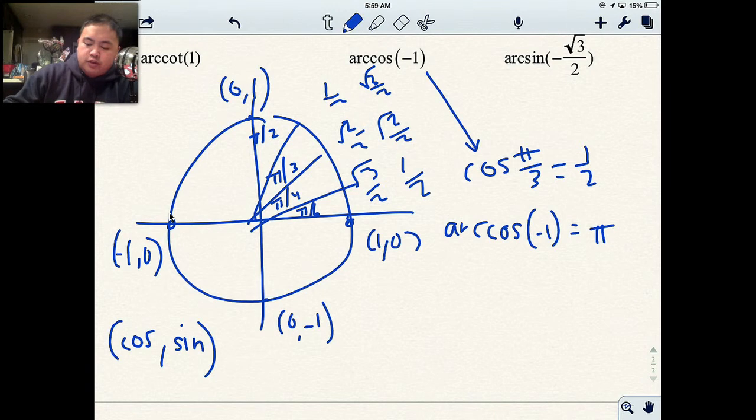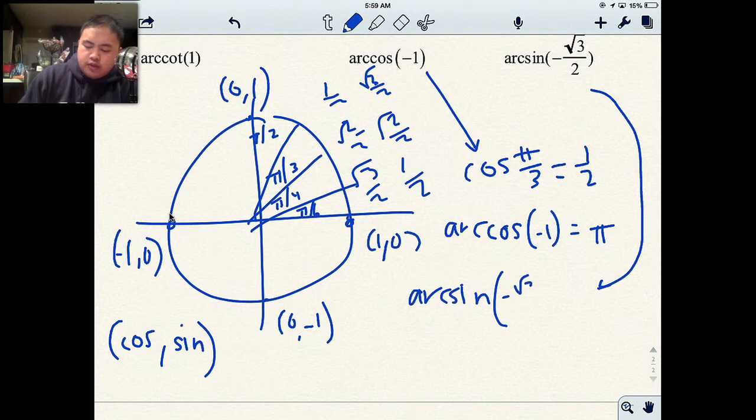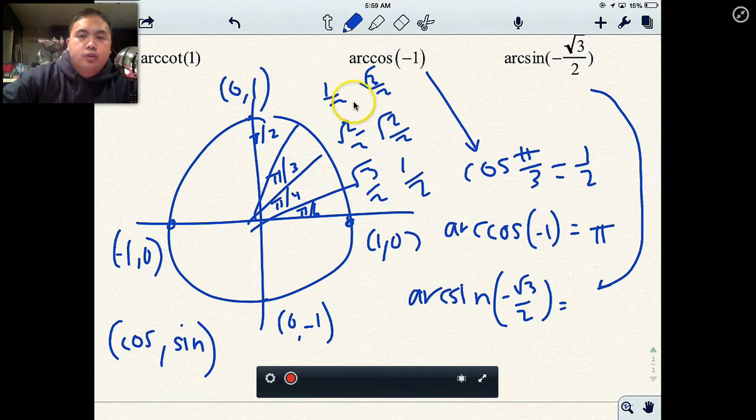And the second one I'm going to do for you today is arc sine of -√3/2. So what I'm looking for here is where the y-coordinate is -√3/2. Well, I know that √3/2 as the y-coordinate is up here, at pi over 3, but this isn't negative. So, long story short, I'm trying to find where this y-coordinate would be negative.